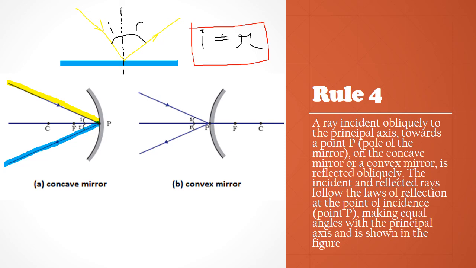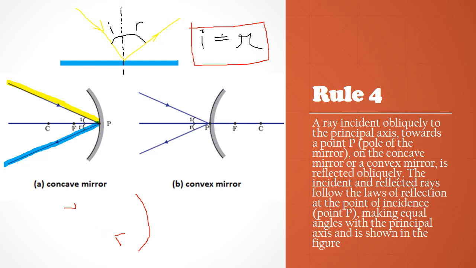Now your second rule states that when a light passes through the center of curvature, let us consider this point as your center of curvature, it is reflected back and it moves back along the same path. This is your second rule.